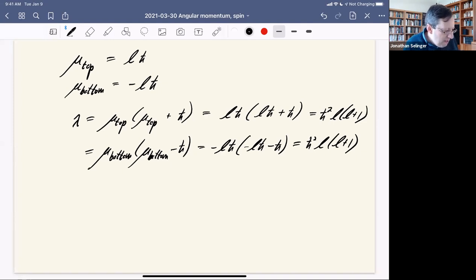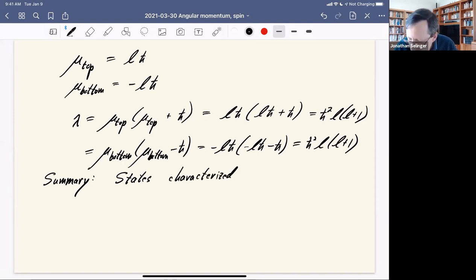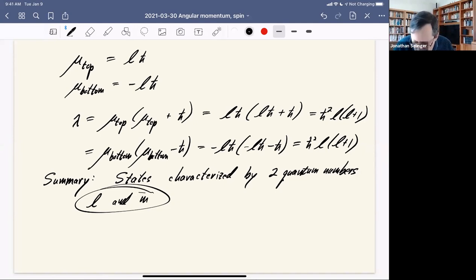Okay, so to summarize, we have states characterized by two quantum numbers, which are L and M. And then, we don't know what the eigenfunctions are, but we can just label them.